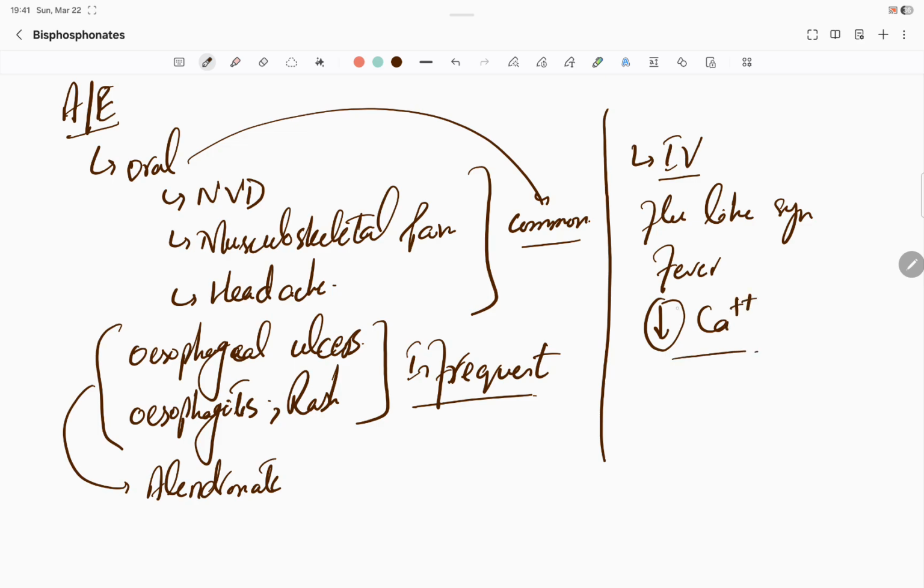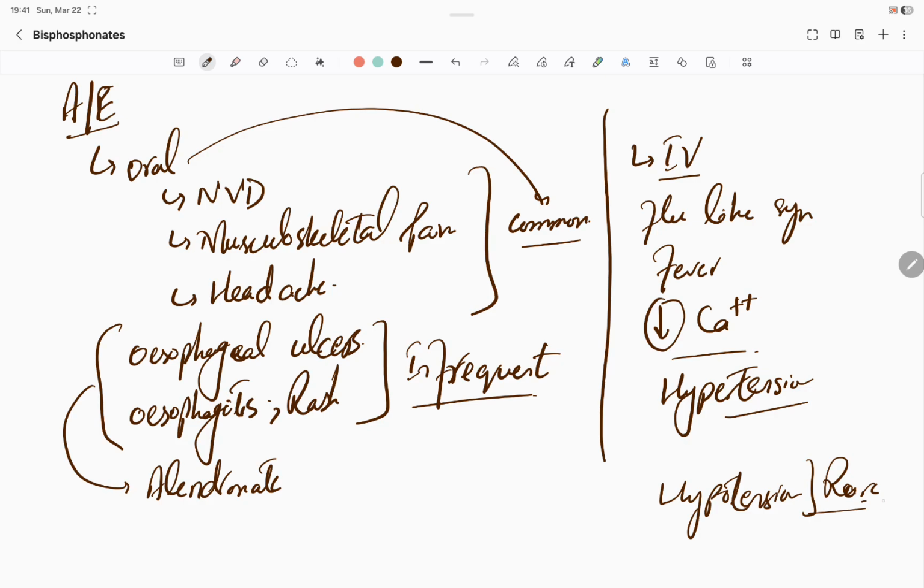That's why hypocalcemia is one of the contraindications of bisphosphonates, and it also can cause hypertension, and it can also cause hypotension as well. Well, this is strange, but this is rare. Okay, and another rare event is syncope, means circulatory collapse, and these are common adverse effects.